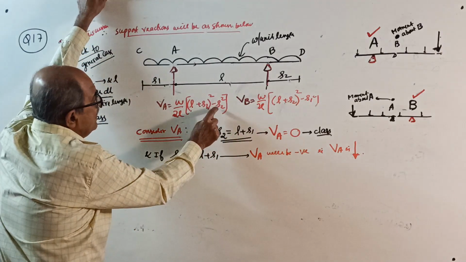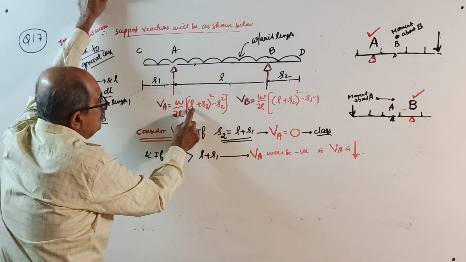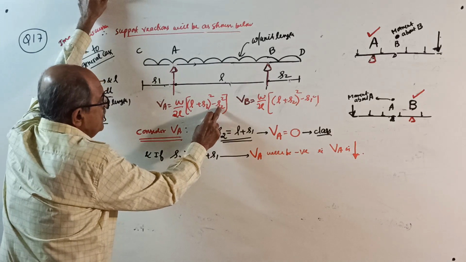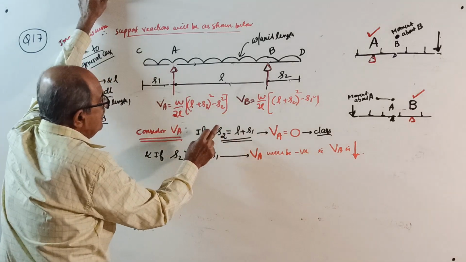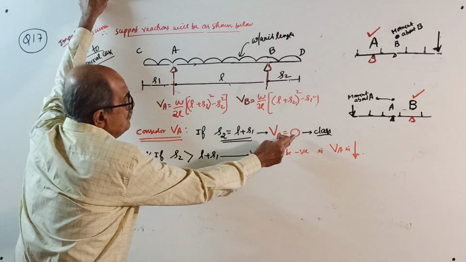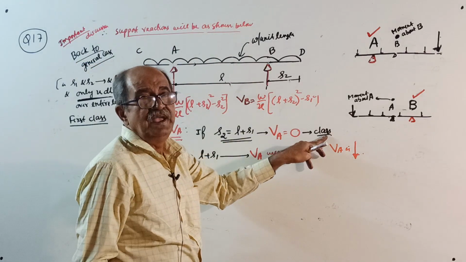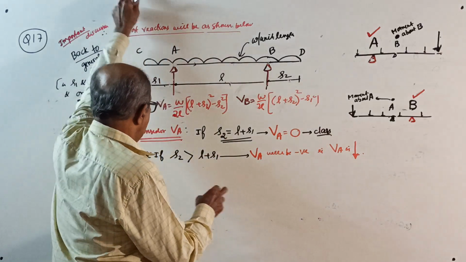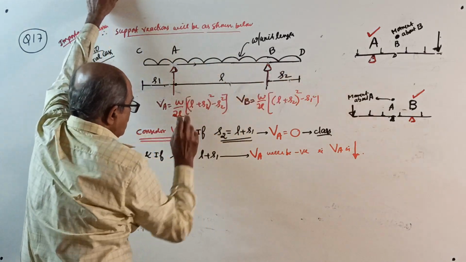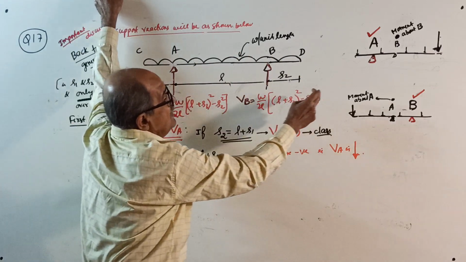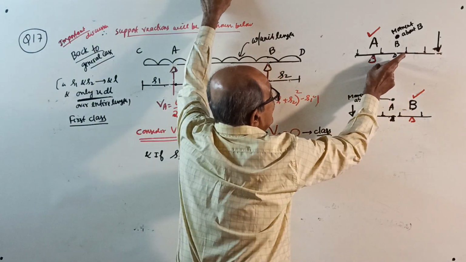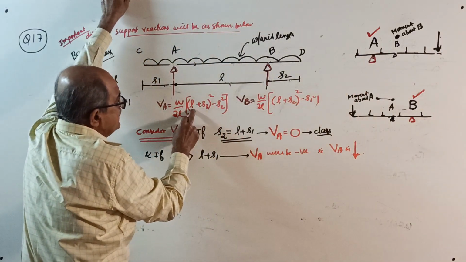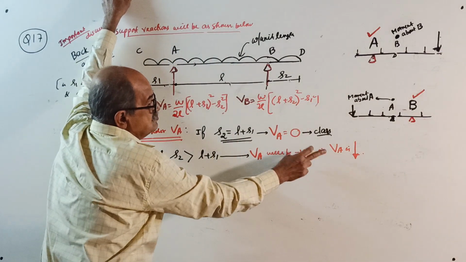Now, in case S2 is equal to L plus S1, the square will cancel. Then your VA will come 0. 0 means it is on the verge of lifting, about to be lifted. Whereas if S2 is more than L plus S1, then S2 is more, L plus S1 is lesser, so the result will be negative.